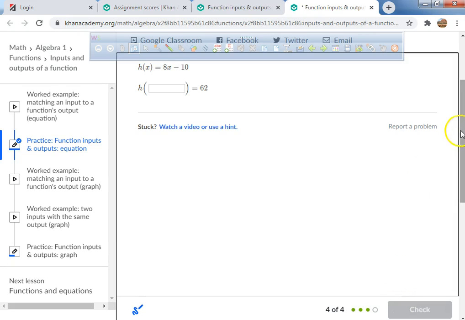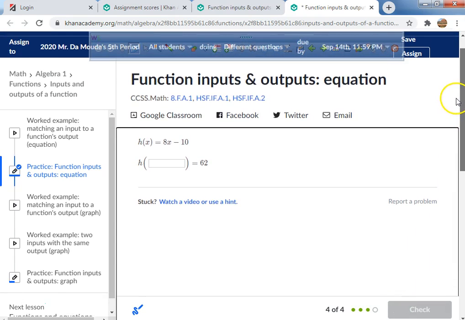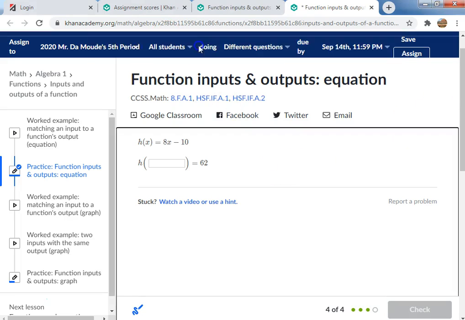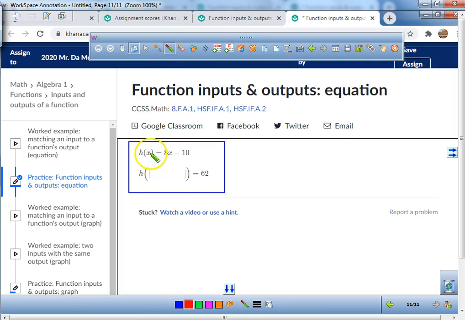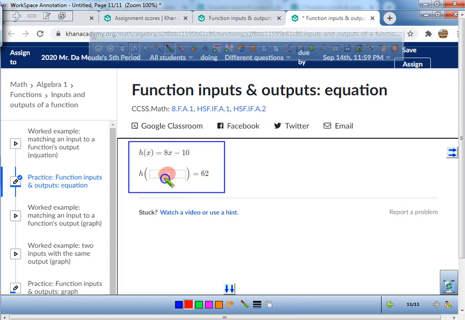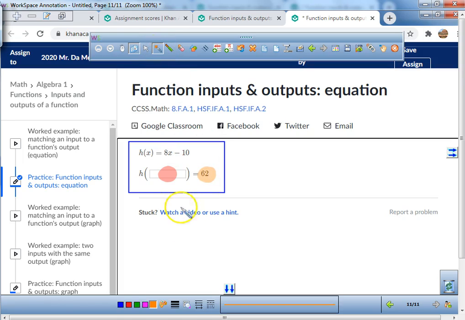All right, here's our next question. Let's go ahead and write this one down, and I will set it up. We'll do it the exact same method. So once again, we are going to be looking for the input even though they've given us the output.